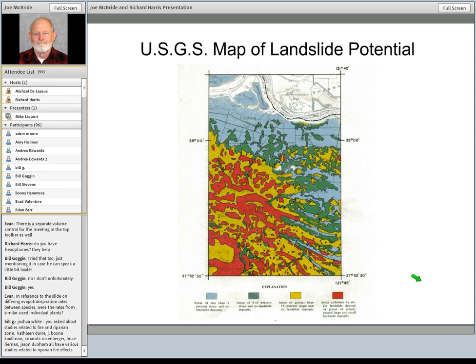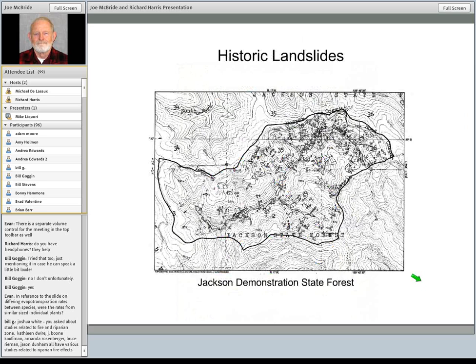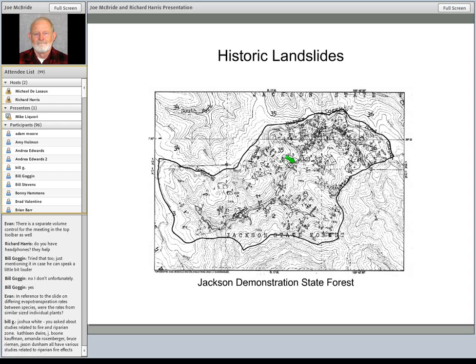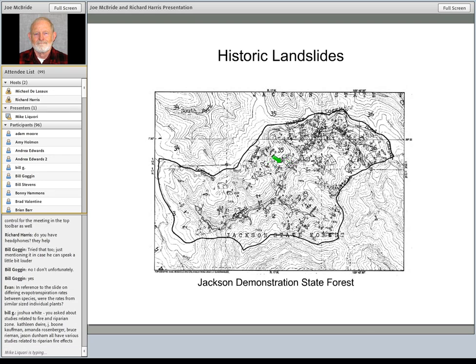This is a USGS map of landslide potential for a portion of northeastern Contra Costa County that's based primarily upon historic landslides. The next slide illustrates a portion of Jackson Demonstration Forest, and if you can run your cursor up below the number 35, there's a loop there, that's it, showing a very large landslide, but within that large landslide, if I had this at a larger magnification, you can see that there had been numerous other smaller landslides at that same location.